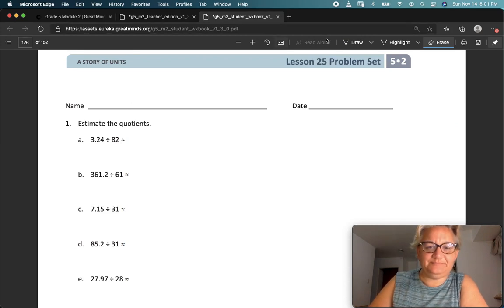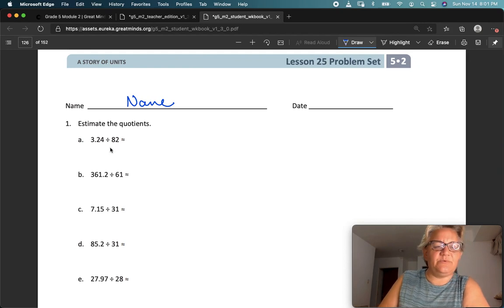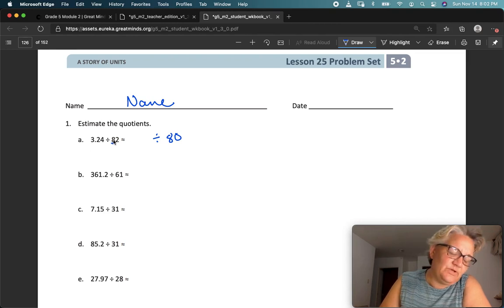Name on your paper. And we're going to try this again. So what we're doing here is we're looking for our math facts. So I see 8 here, and if I round that down to the nearest 10, I'm going to get 80. But 80 will go into 32 evenly, won't it? 8 will go into 32 4 times.